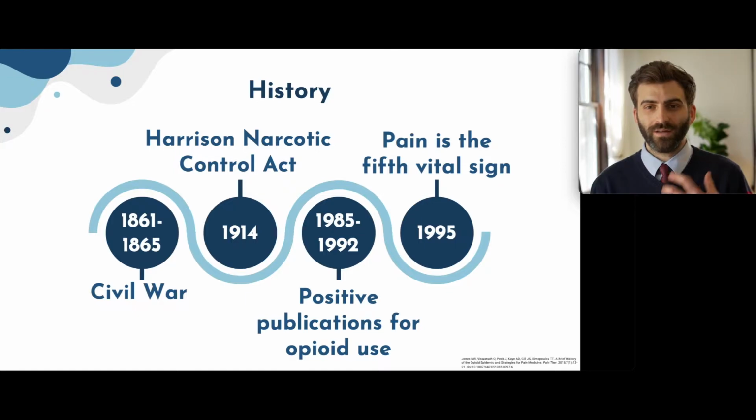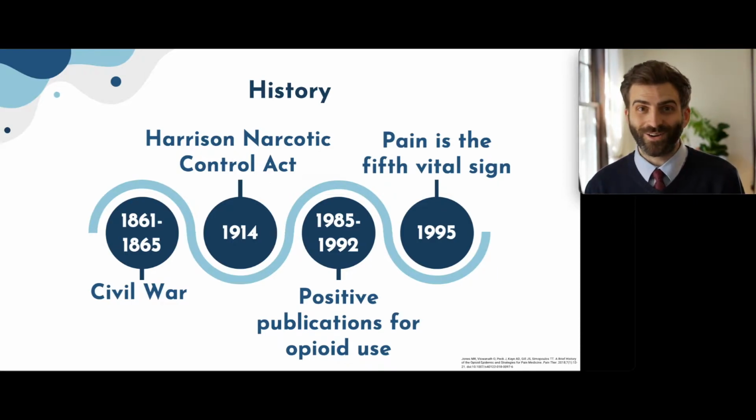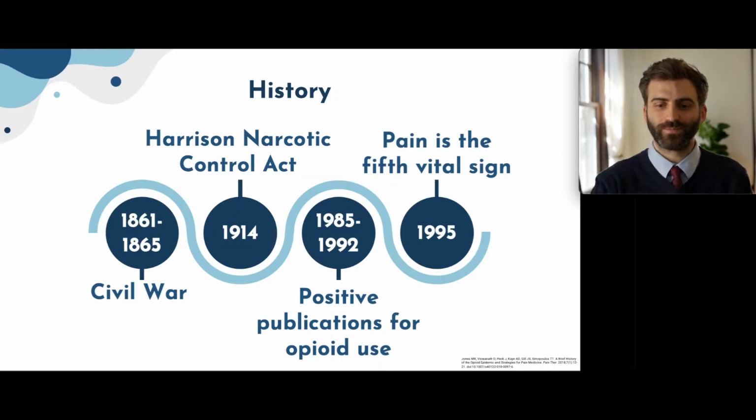So this began a push towards using more opioids. In fact, the American Pain Society in 1995 really had this push for pain to be regarded as the fifth vital sign. So check temperature, heart rate, pulse, pain, all sorts of things. But pain should be addressed, but not necessarily frequently or always with opioids.